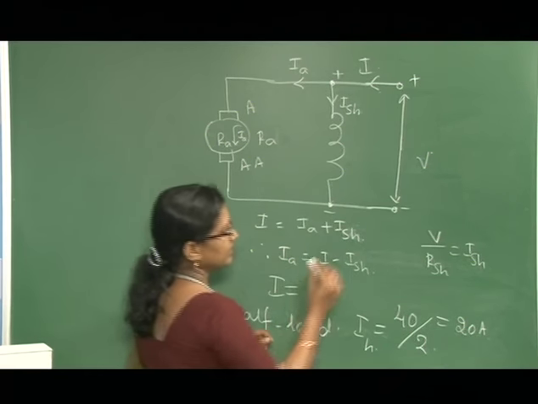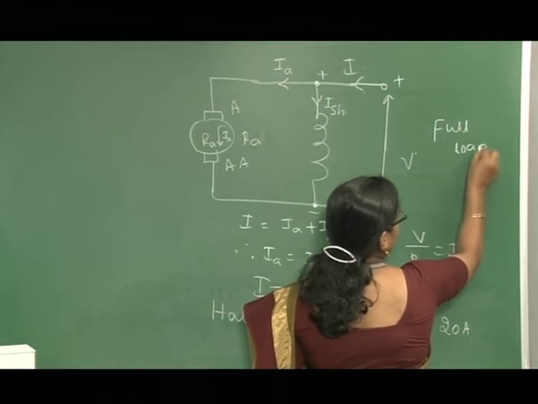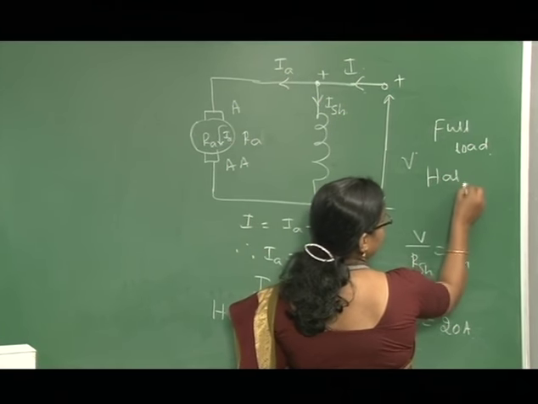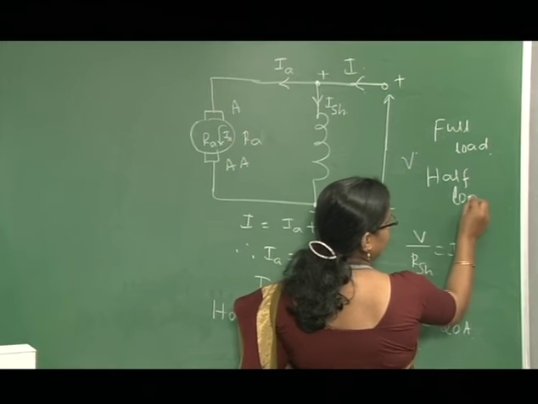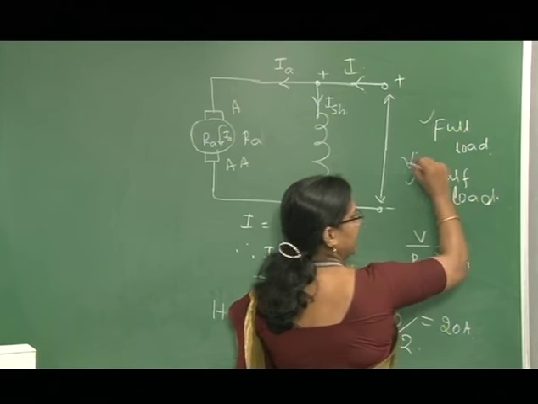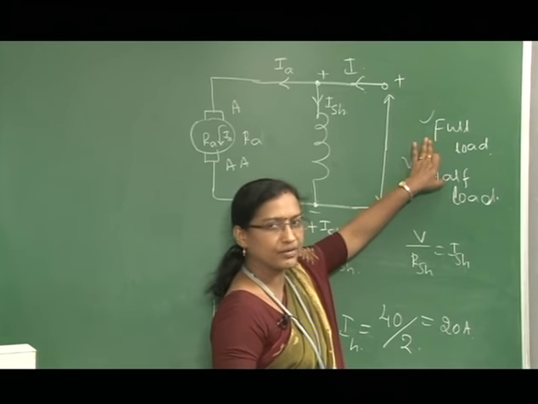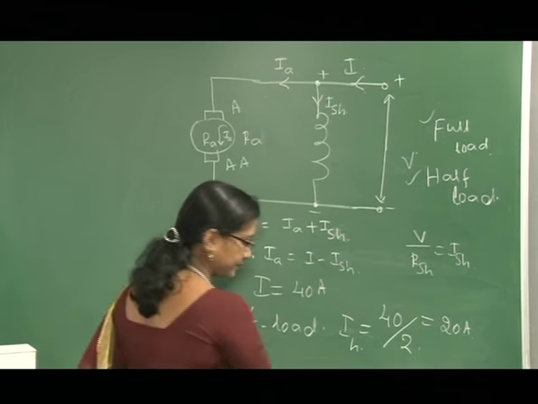Here you are considering two conditions, one is full load condition, another is half load condition. First you calculate the required values at full load condition, then at half load condition, then you relate the values of full load and half load.